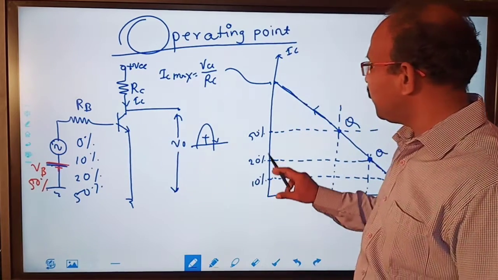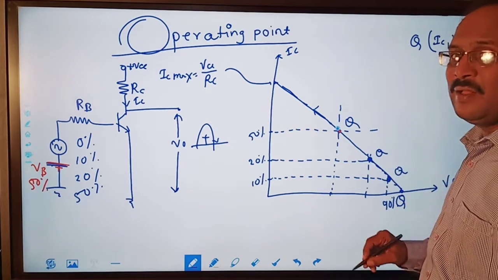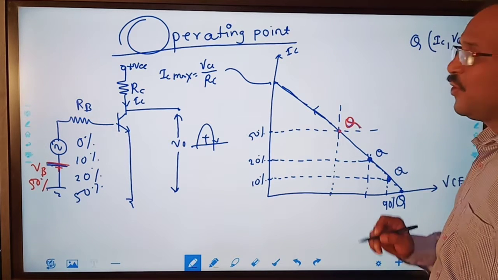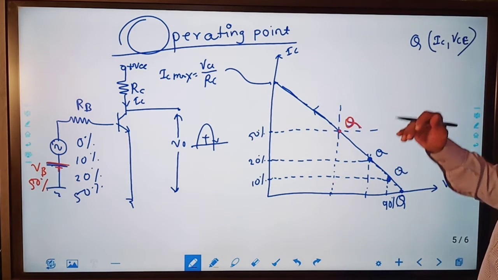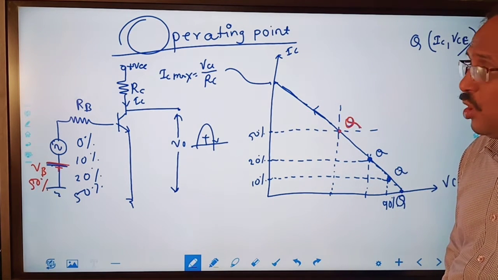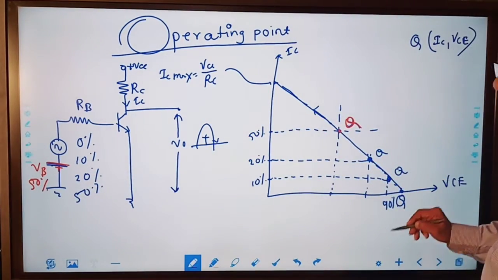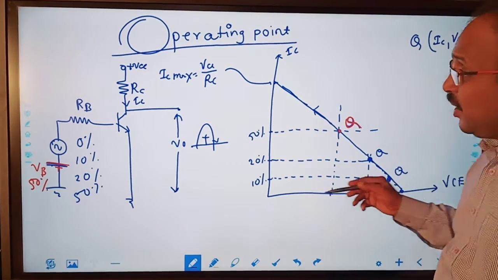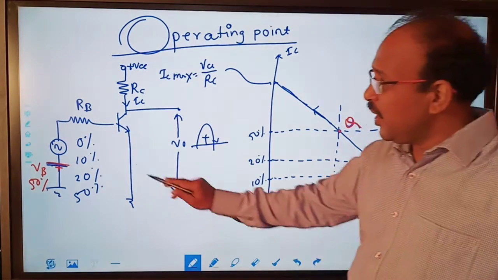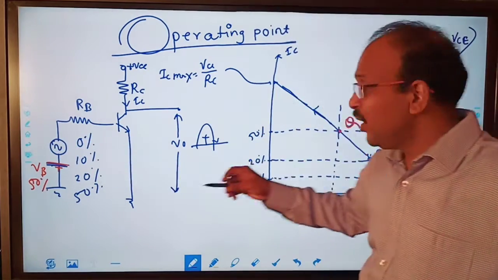This is your point when the input is 0. So now the Q point is at the center of the DC load line. How? Because of the biasing. Without biasing, Q point was here. With biasing, when the input is not there, Q point is at the center. Now if I increase the input, Q point will shift up. If I decrease the input, Q point will shift down.